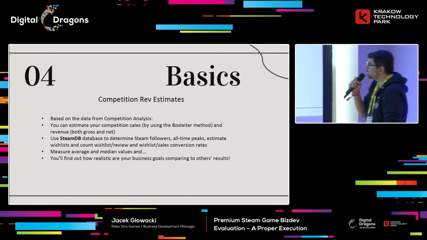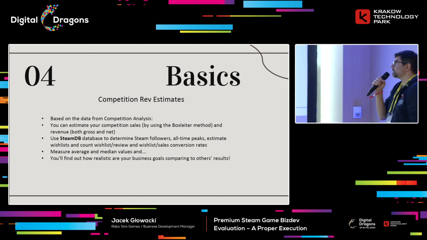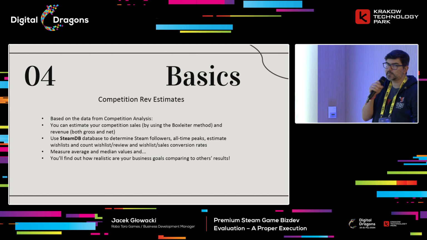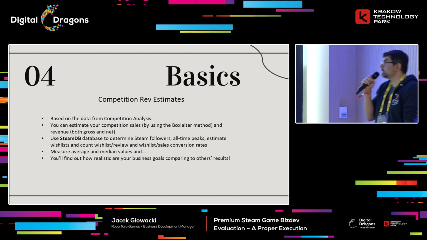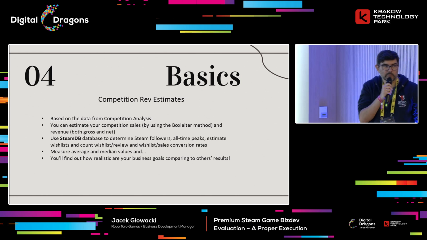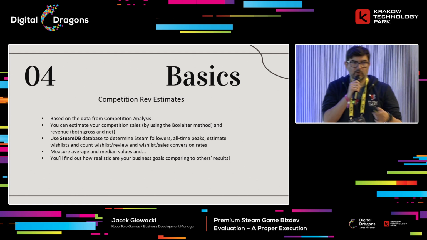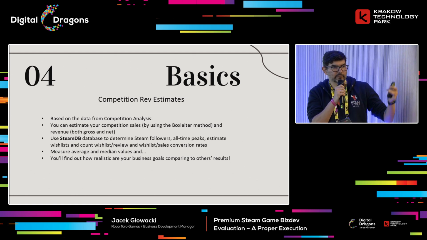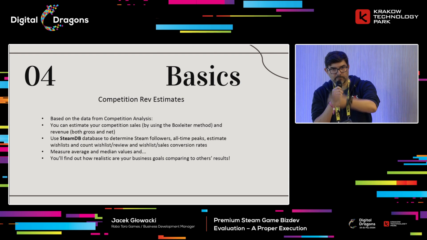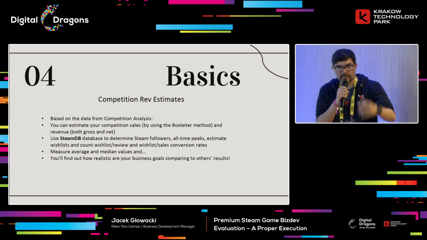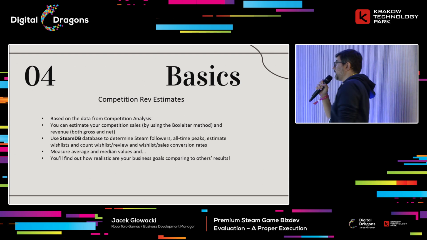Now, competition ref estimates. Based on the data from competition analysis, we can estimate the sales of our competition. Remember that we work all the time on the same table, on the list of games that we've already picked and filtered, that are the most similar to our game.